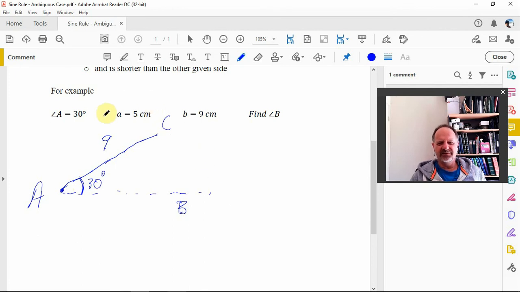Now this A here is 5 centimeters, so that's this length here, 5 centimeters. So it's got to then reach down to this dotted line. Remember, I just used dotted lines to make the angle, and now I'm filling in the lengths. But this 5 has got to reach down. So the question is, how does it reach down? Does it reach down over there, or does it reach down over here?